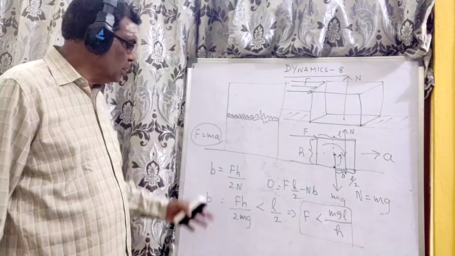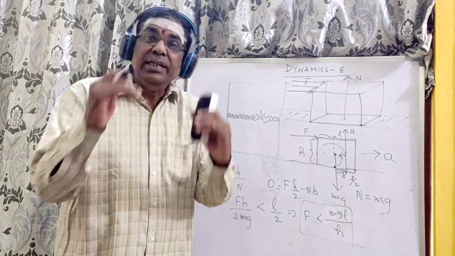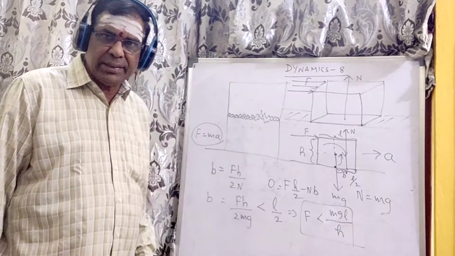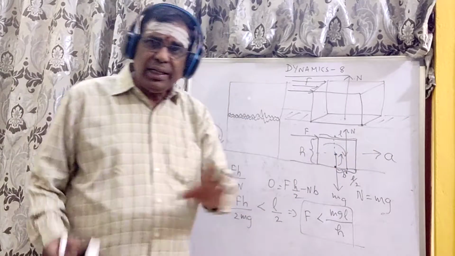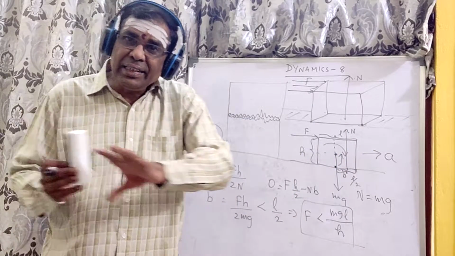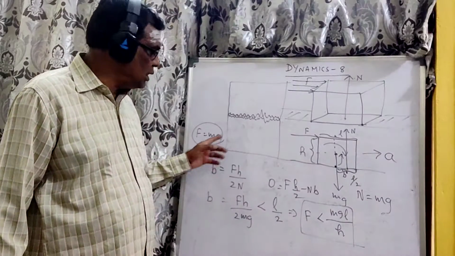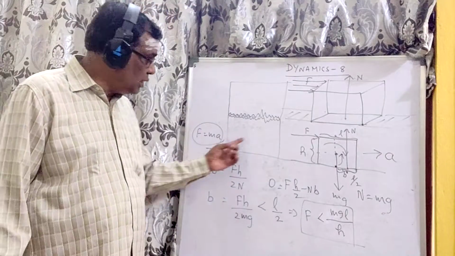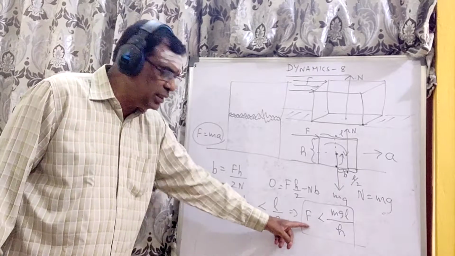As simple as that. If you want, you can substitute that and write the whole thing in terms of your acceleration. I'm not taking any complications here. What is happening here? The body is getting translated, isn't it? Translational acceleration is present. So you want translation to take place, not toppling. This is the condition.